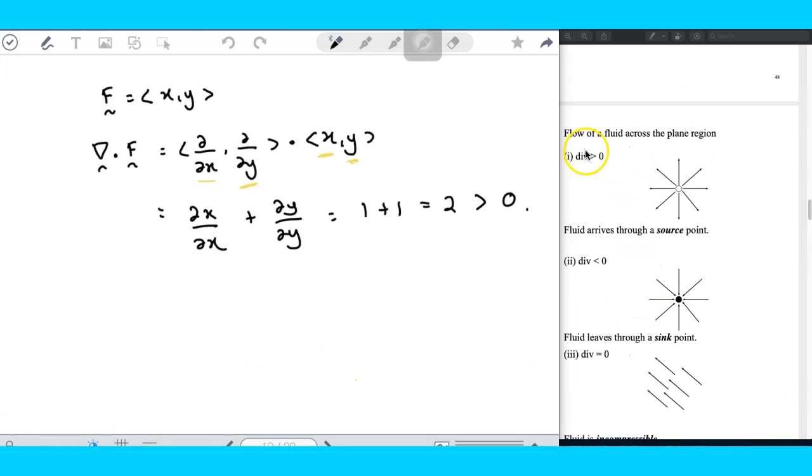If you get a positive value, the point is a source point for the fluid. So the fluid flow always arises from a source point, because this happens for any x and y. But sometimes it depends on the point that we have. When you do the partial derivative, sometimes you get an expression, so you have to substitute the values, but this one is for any x and y, and all the points become source points.